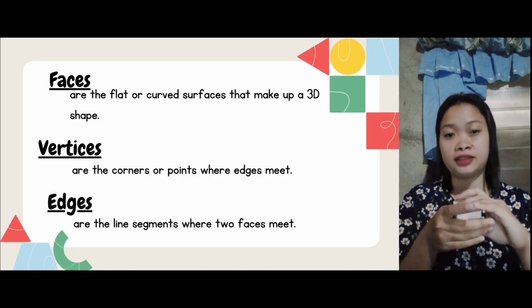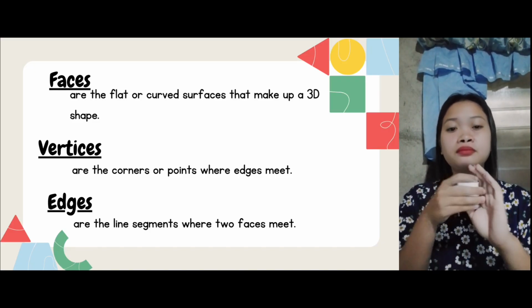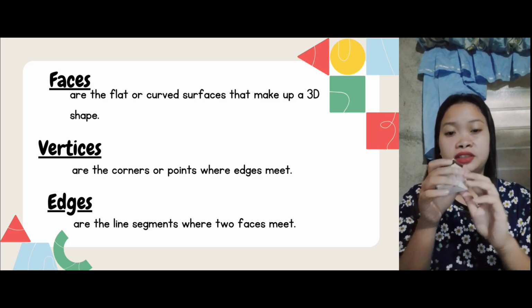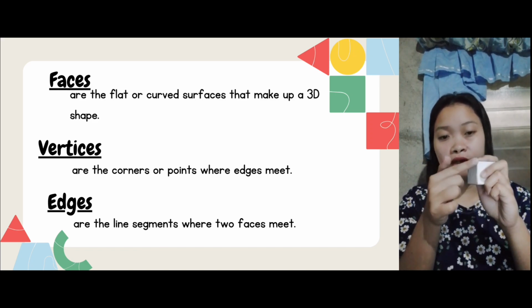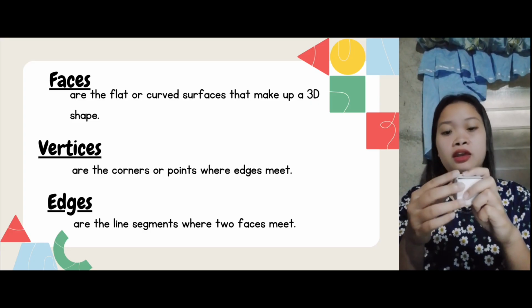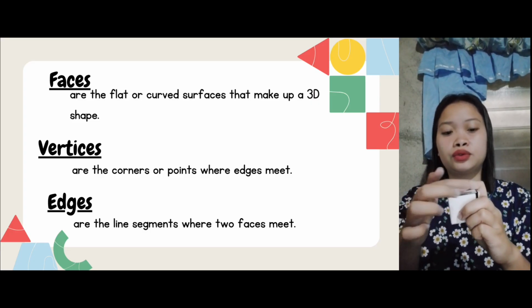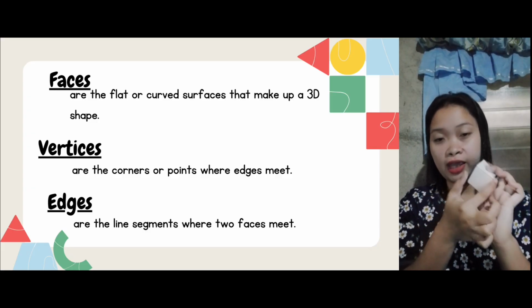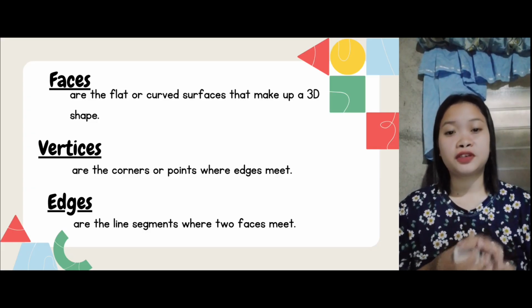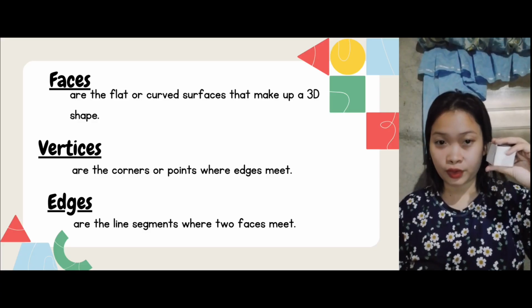Sa cube pa lang ni siya, ha. Sa cube pa lang ni itong example. Then, next is ang vertices. Pila ka vertices ang naa sa cube? Let's count. 1, 2, 3, 4, 5, 6, 7, 8. So, naay 8 ka vertices ang cube.